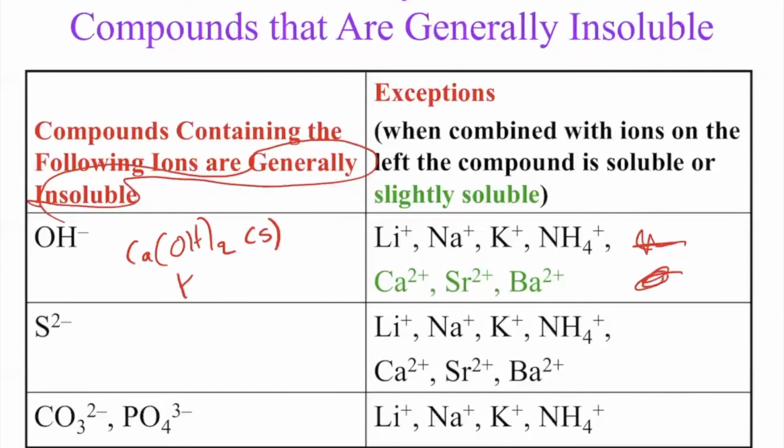But potassium hydroxide is insoluble, but when you mix it with potassium, it will become soluble. For right now, ignore the part where it says slightly soluble. When you get to the next level of chemistry, you will understand what that means. So assume slightly soluble means insoluble.